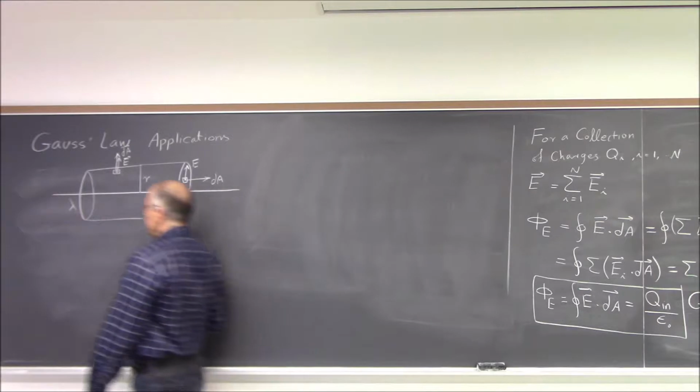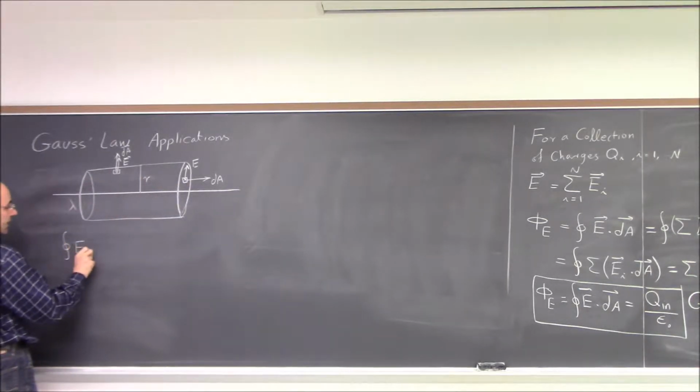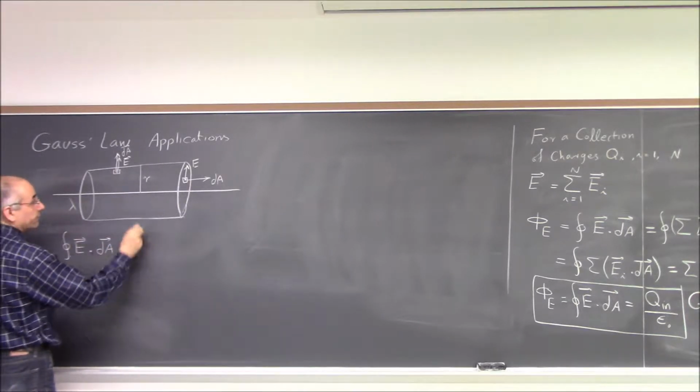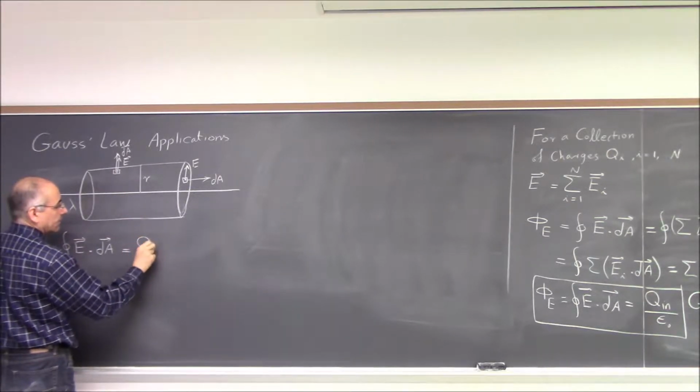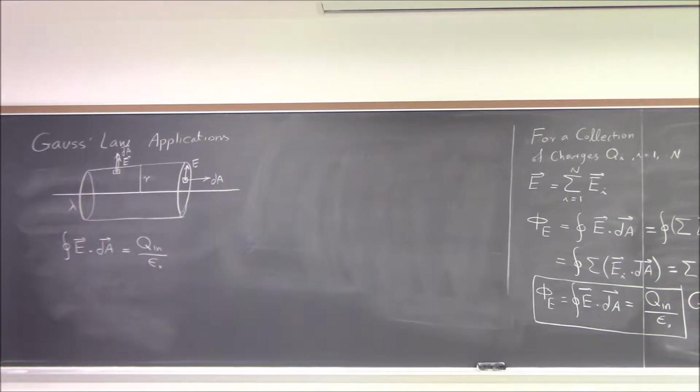We say that the integral for this surface, integral E dot dA, equals the total charge inside divided by epsilon naught. This is Gauss law. But because we know that on this cylindrical surface, E and dA are in the same direction, E dot dA just becomes magnitude of E times magnitude of dA, right?